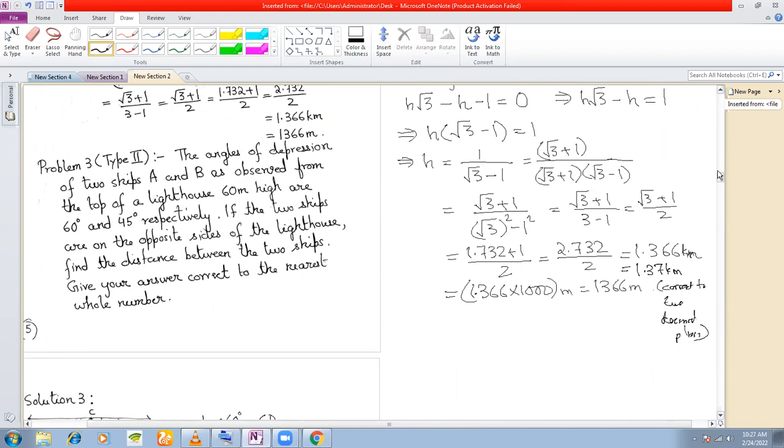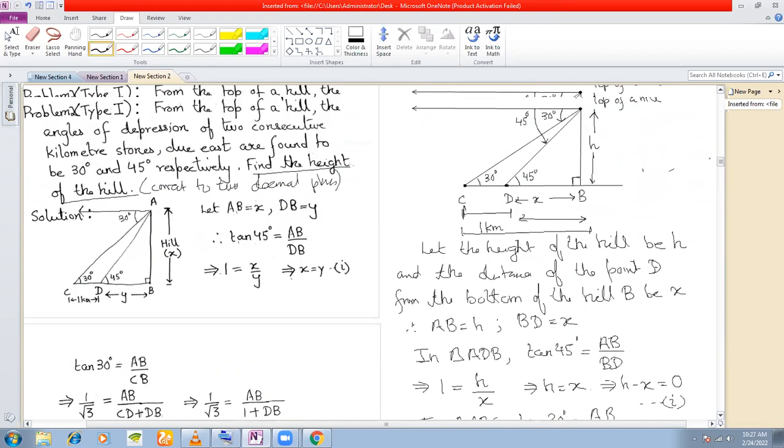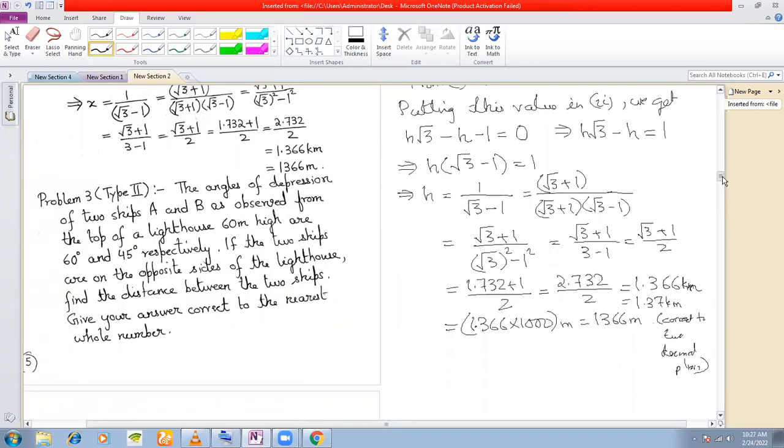But since this is not mentioned here, that means you can leave your answer here also. Otherwise, there will be deduction in marks: if it is mentioned correct to 2 decimal places, then you have to work it out till the required number of decimal places. Okay, so I'll stop here.